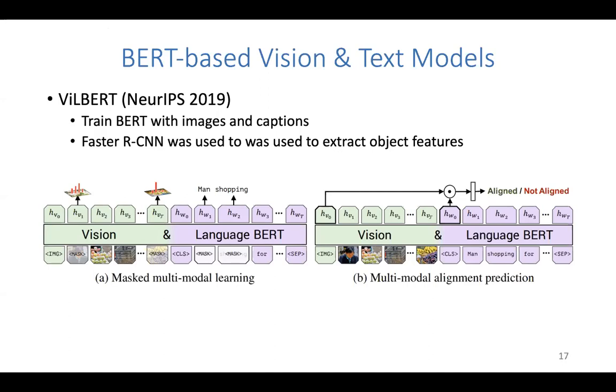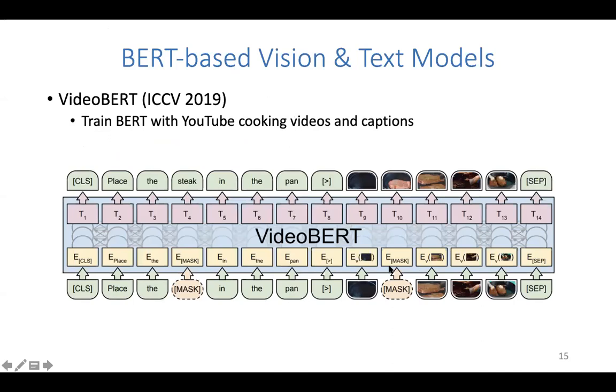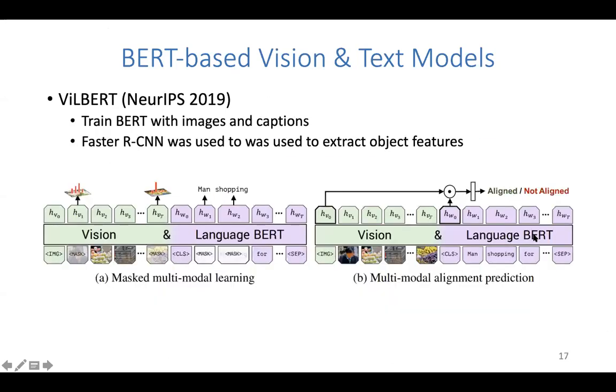So instead of doing mask language modeling for both text and image, here in ViLBERT, mask language modeling is only used for the language part, only the text part.